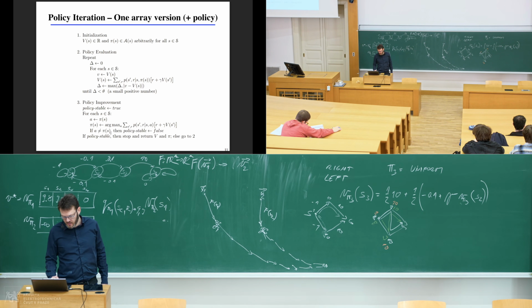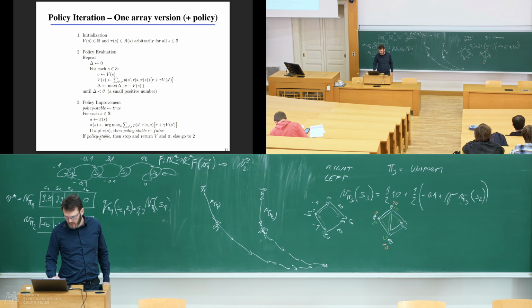Okay, so this assumes pure policies. That's why I got confused. It assumes that this is a deterministic policy, so you take the action that it plays now. You will compute the best action that it should play after. If the action has changed in any state, then you will not consider the policy to be stable.